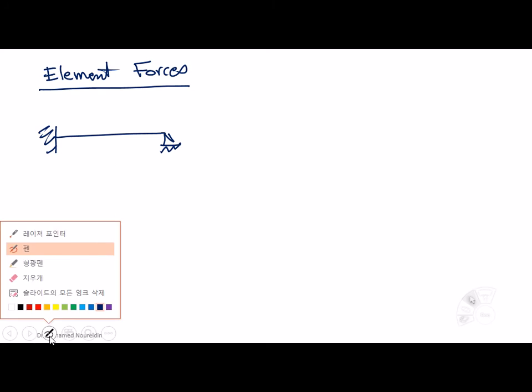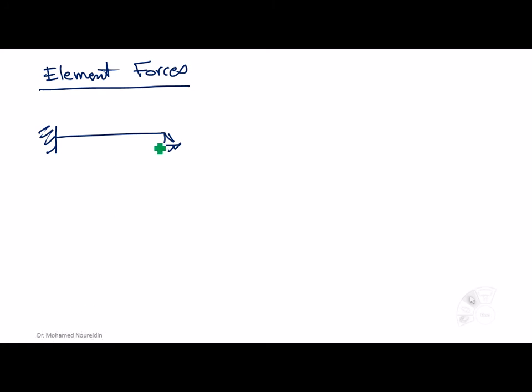I know you may know it well, but it's a reminder because we're going to use it many times here. If we have a system fixed at one end and hinged at the other, and we deform it by a unit rotation here, our system is going to be something like this.